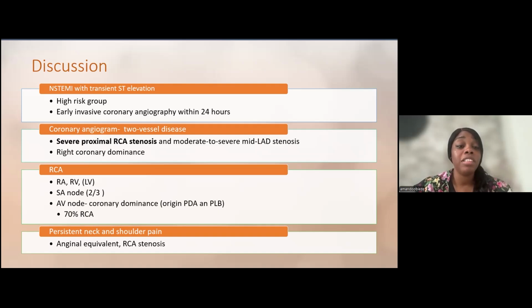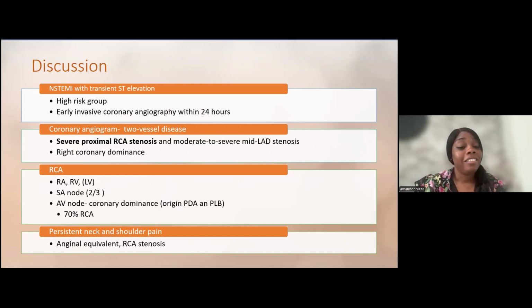just to show how this can account for all his symptoms. The RCA would usually supply the RA, the RV, and a huge part of the LV as well. It will also supply, in 2/3 of patients, the SA node, which can give rise to conduction blocks. And in 70% of patients with a right coronary artery dominance, which he had, the RCA would also supply the AV node, which can also cause conduction abnormalities.